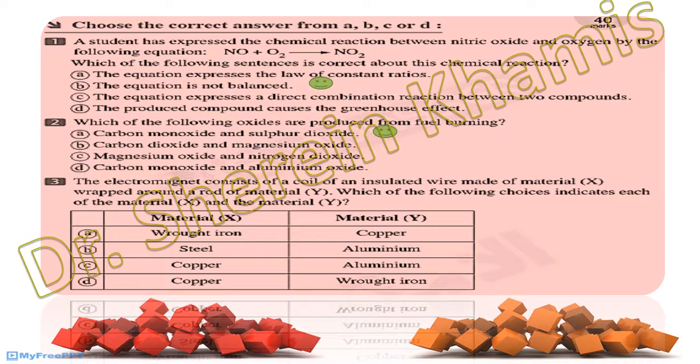That is the material we use to make the electromagnet: a coil of insulated copper wire wrapped around the wrought iron bar. So the right answer is letter D.